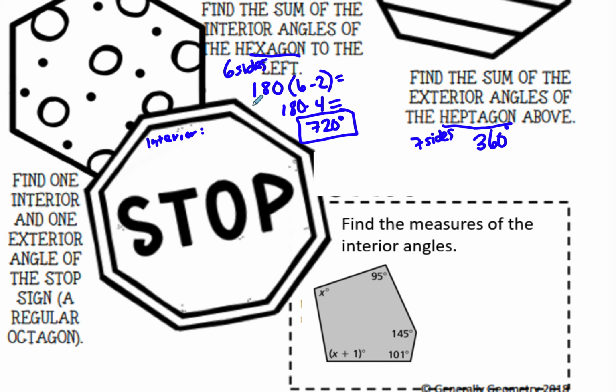Regular octagon means all the sides are the same and all the angles are the same. So we start by doing 8 for the number of sides, minus 2. 8 minus 2 is 6, times 180, and that's going to give me 1080.